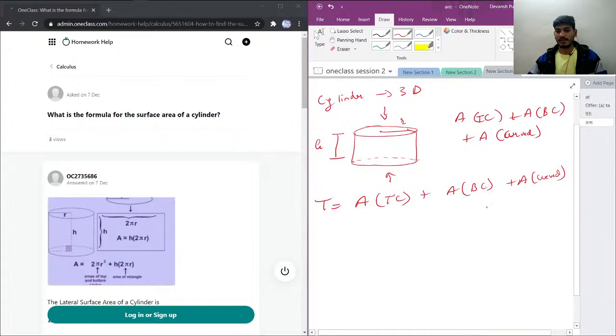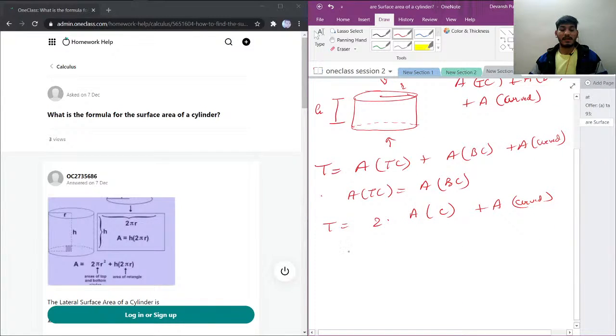Since the radius is equal, the area of the top circle equals the area of the bottom circle. So we have 2 times the area of a circle plus the area of the curved surface.